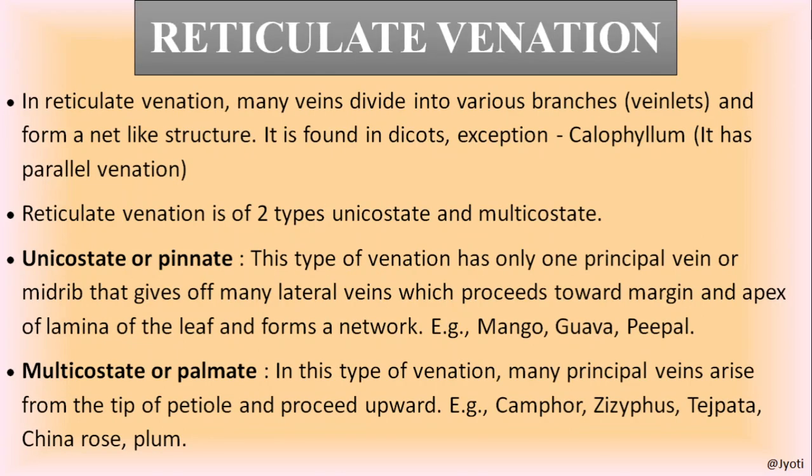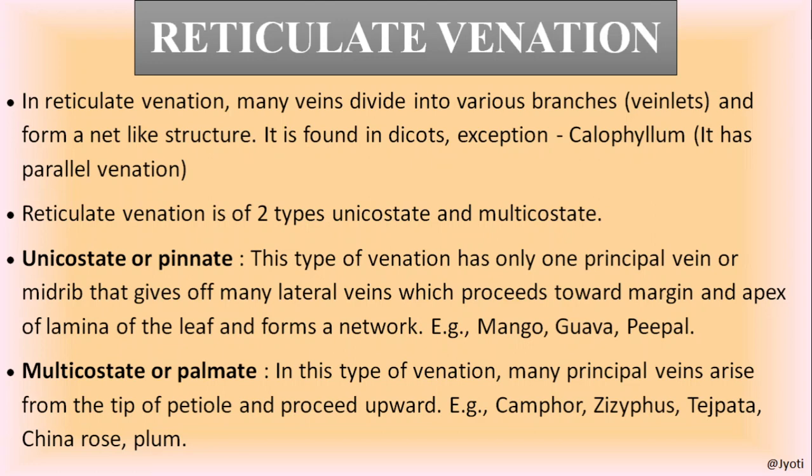So let us first discuss what is reticulate venation. Reticuli means network. So when the veins and veinlets are arranged in a net-like structure, they are forming a network-like structure, then that is called reticulate venation. It is the characteristic feature of dicot leaf.